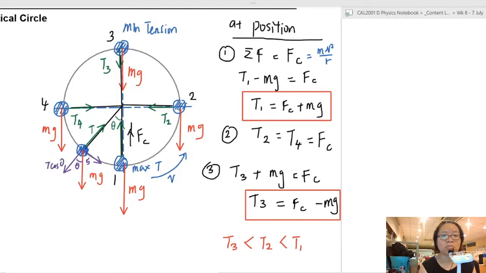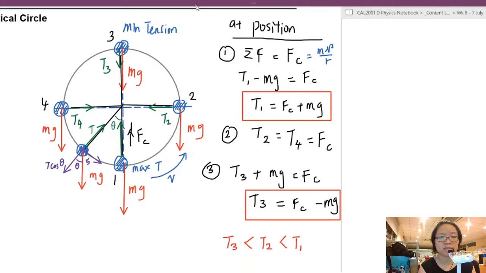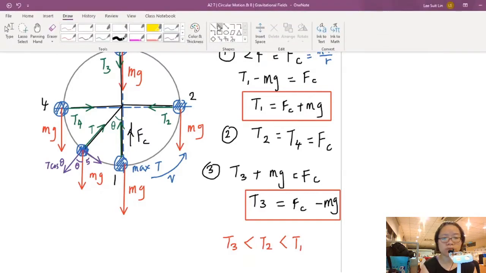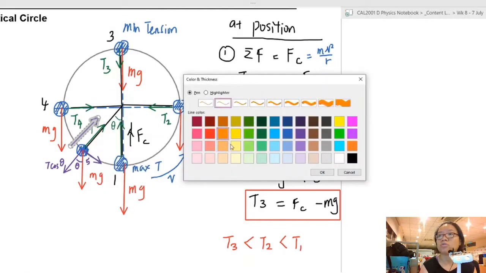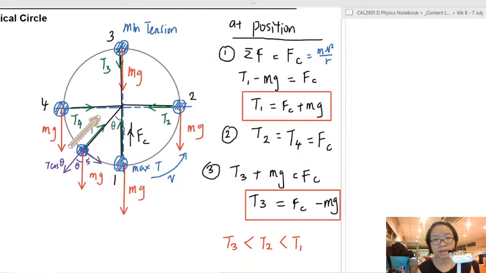I resolve a component that is parallel to the center of the circle, which will be T cos theta, and another component that is perpendicular, which will be T sin theta, which is not really that important. Always take the direction towards the center of the circle as positive. All forces that are parallel to this, we take. All forces that are perpendicular to this, we don't take. That's why we resolve. Life is good like that.